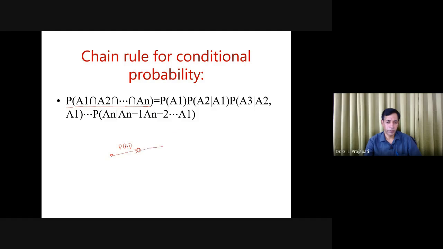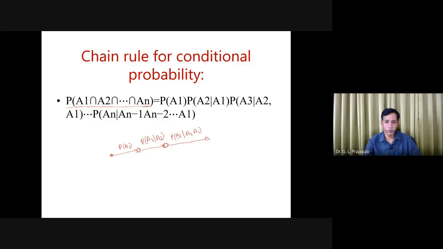This is the probability of A2, and before that A1 already occurred. Again, here you have the probability for A3 given that A2 occurred and A1 occurred.